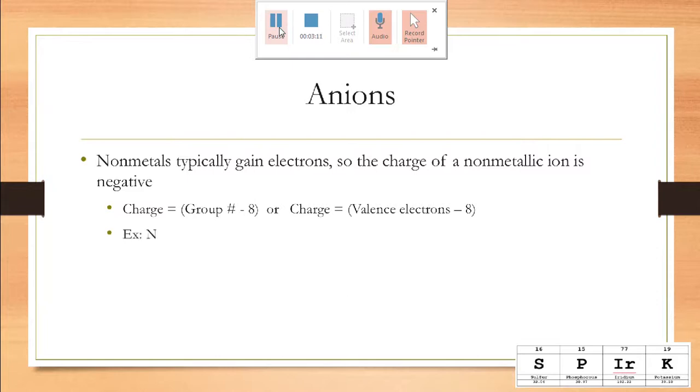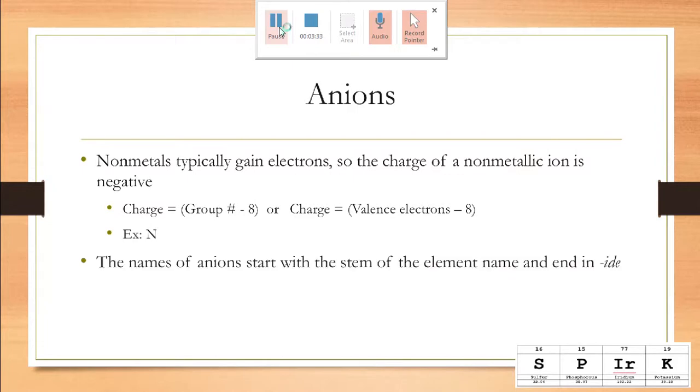For example, let's look at nitrogen. Nitrogen is in group 5A, and it has 5 valence electrons. So we take 5 minus 8, and we get -3. We assign the -3 to the charge of the nitrogen, so the nitride ion is N3-.